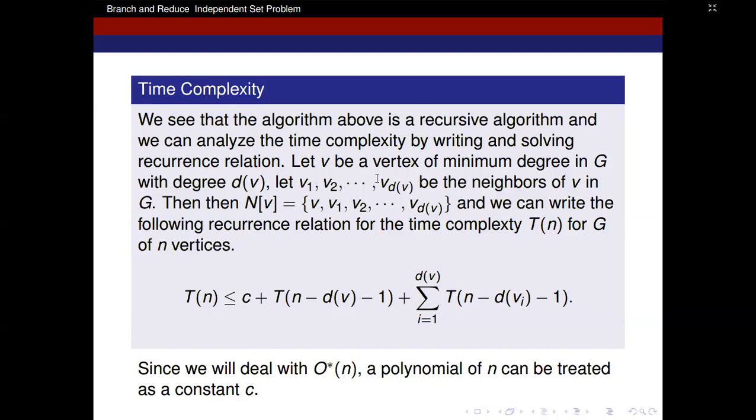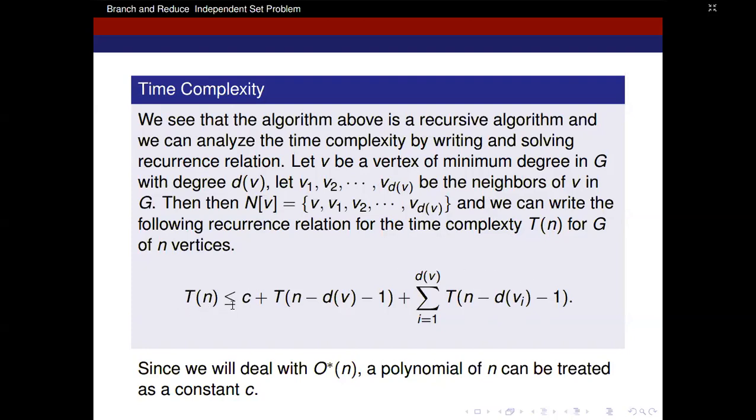Let v be a vertex of minimum degree in G with d(v) the minimum, and let v1, v2, ..., v_d(v) be the neighbors of v in G. The closed neighborhood N[v] is v itself and its neighbors v1, v2 to v_d(v). We can write the following recurrence relation for the time complexity T(n) for G of n vertices. Carefully follow the recurrence relation.